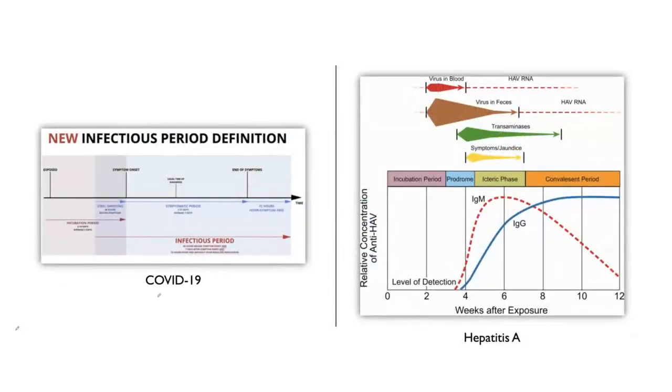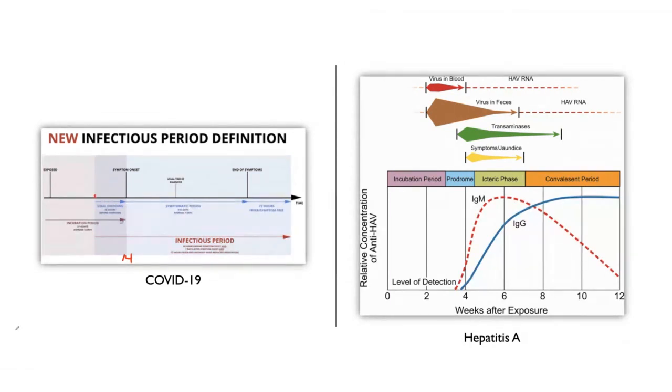Let's see a couple of examples. Here we have the infectious period, for example, the different stages of COVID-19. People are exposed one day. Notice that the incubation period may last up to 14 days. But the infectious period has to be defined depending on the findings of the clinical cases. The time that the patients shed viruses, 48 hours before the start of symptoms, is the infectious period.